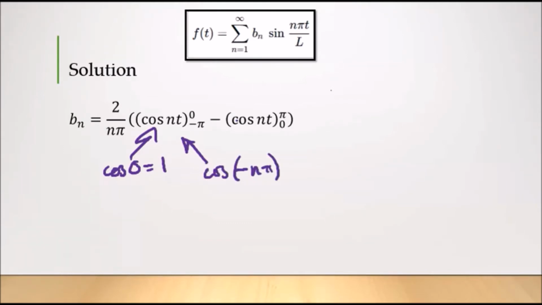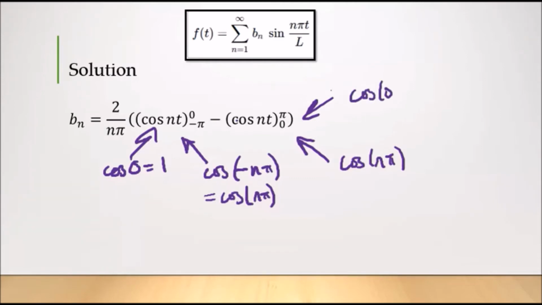Just to do a quick test, if you plug in any value for n, you'll notice that this is symmetrical, so this is also the same as cos n pi. That's convenient. Now for the right side, plug in pi and you have the same thing, cos n pi. So that's 2 lots of these. And if you plug in 0, again, you get 1. So cos 0 equals 1.